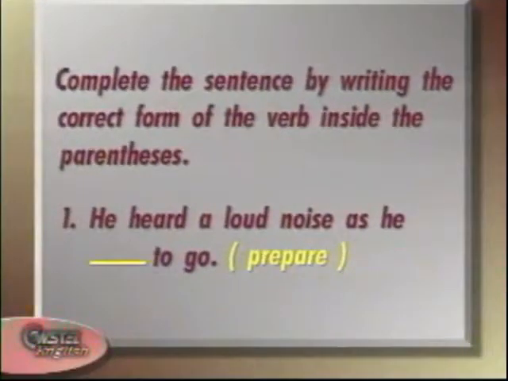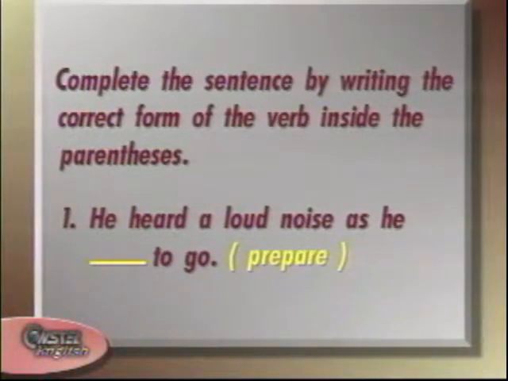While it seems that completion items are easy to construct, you should be very careful in scoring them since it is possible for an item to accommodate more than one correct answer. Let me show you an example. Complete this sentence by writing the correct form of the verb inside the parentheses.